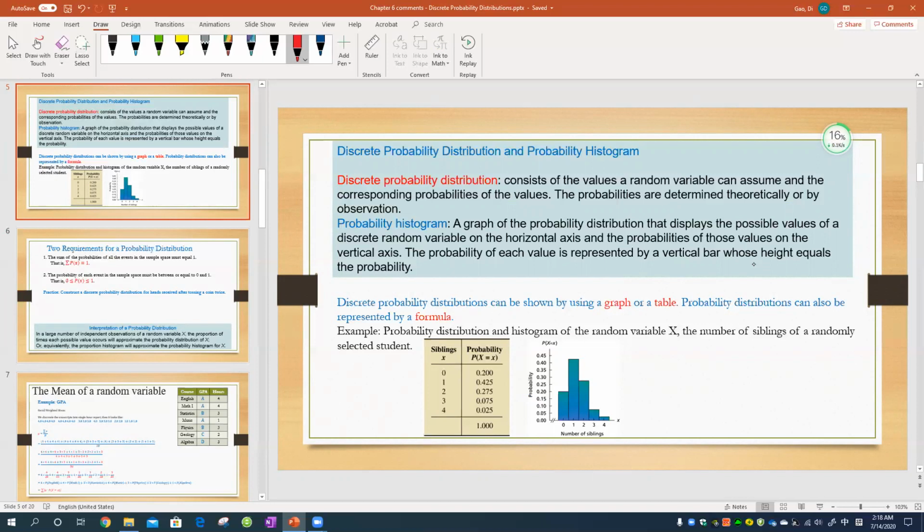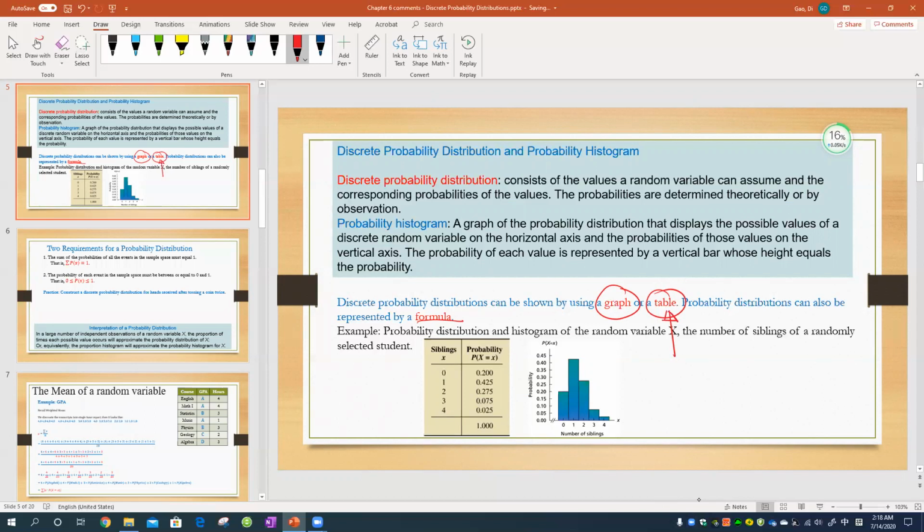Let's look further at discrete probability distributions. It can be shown by using a graph, a table, or a formula. So these are the ways that we can represent a discrete probability distribution, but we'll focus more on the table.